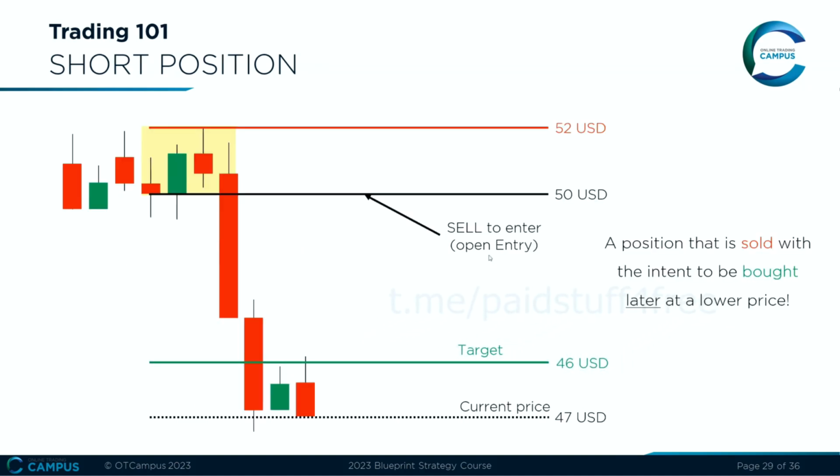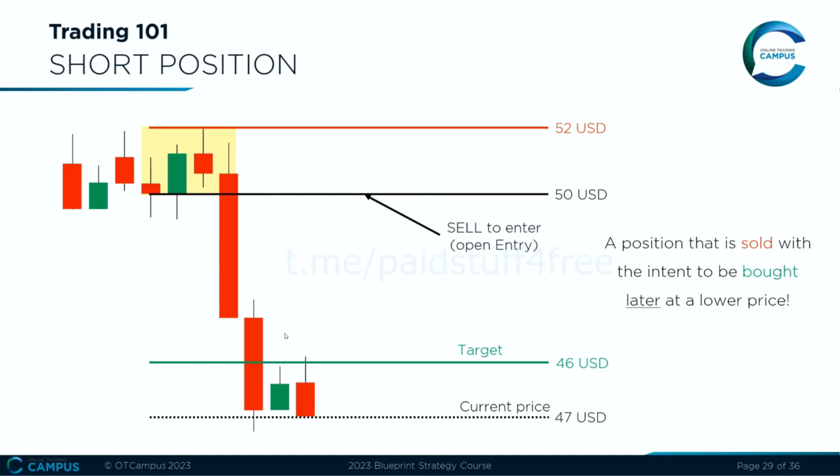So based on this chart, again, you now have a sell to enter, a short. And notice how the current price is below your trade element, sell to enter, your open, your entry, right?